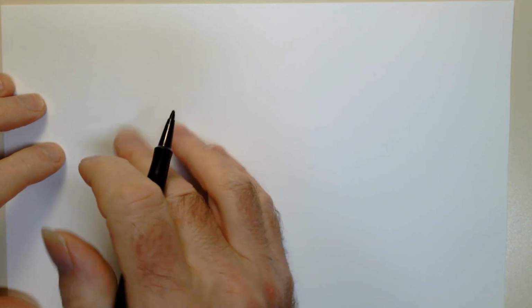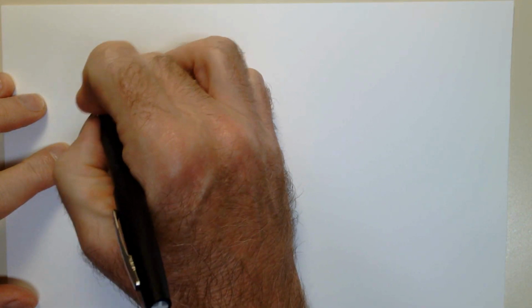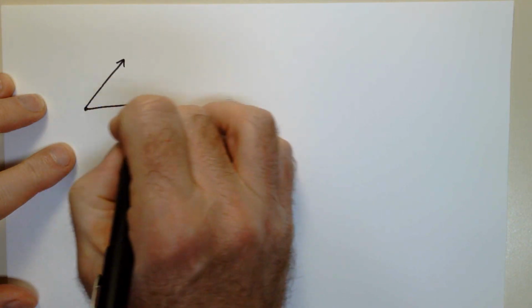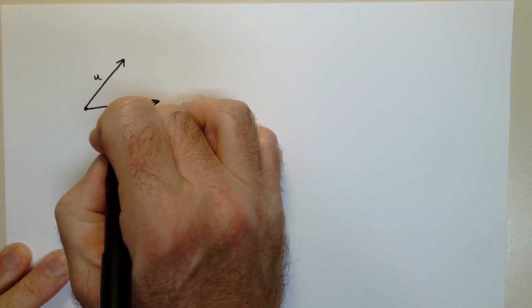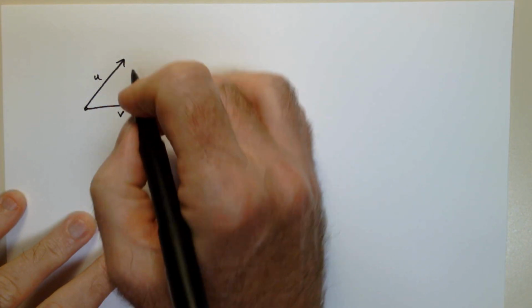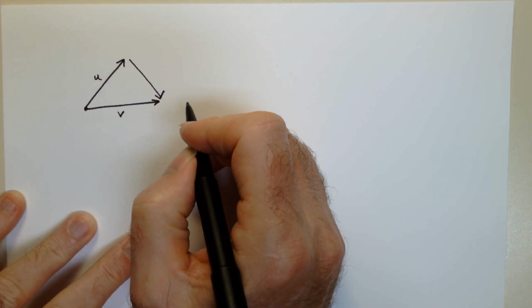We're going to apply the law of cosines to our triangle and work out this formula for the cosine of the angle between the vectors. Let's draw our picture again so we can have a reference. We've got a pair of vectors, which we will label u and v, and we'll look at this third vector, v minus u.